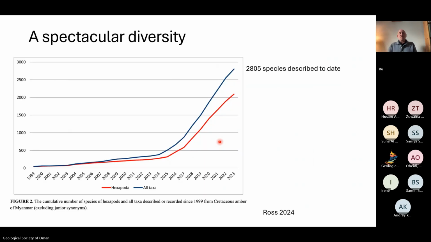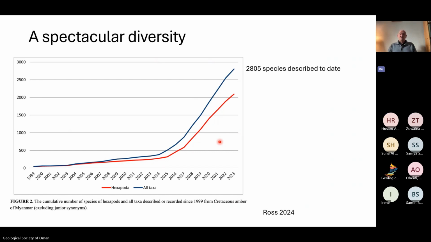The Burmese amber is just incredible as a sample of the things that lived in a 100-million-year-old rainforest. You can see a graph here of species described against time, starting back in about 1999 and coming up to the present. In red are the six-legged things, the hexapods, and in blue is all taxa, total taxa.